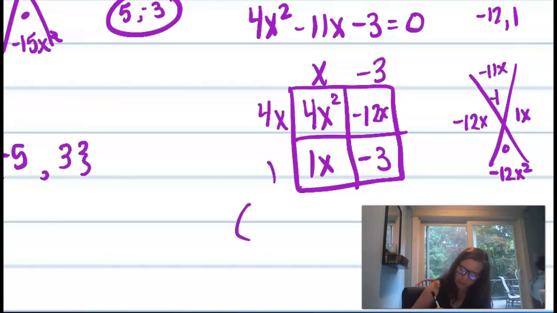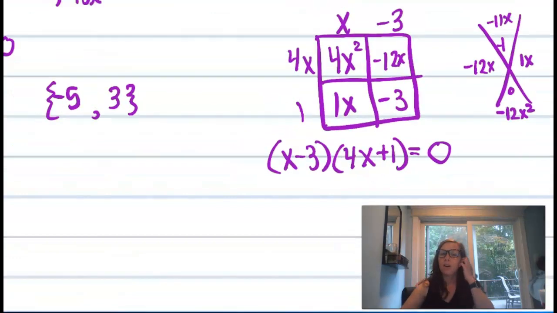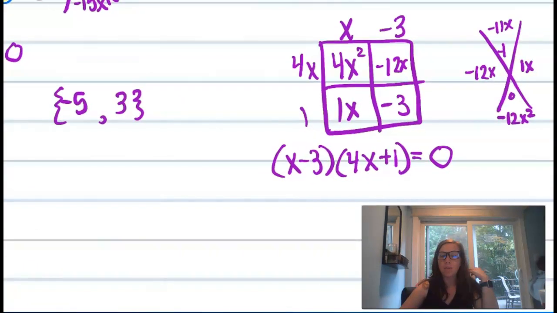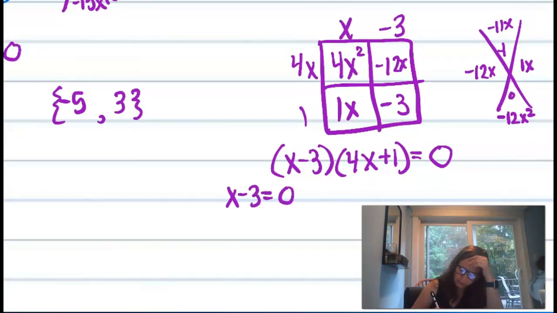So then when I write them out, x minus 3, 4x plus 1 equals 0. So at that point, you know, I could tell this first parenthesis the x is 0, but again, you could just go ahead and separate them. Set each factor equal to 0. And so then add 3 to both sides, so that's 3.